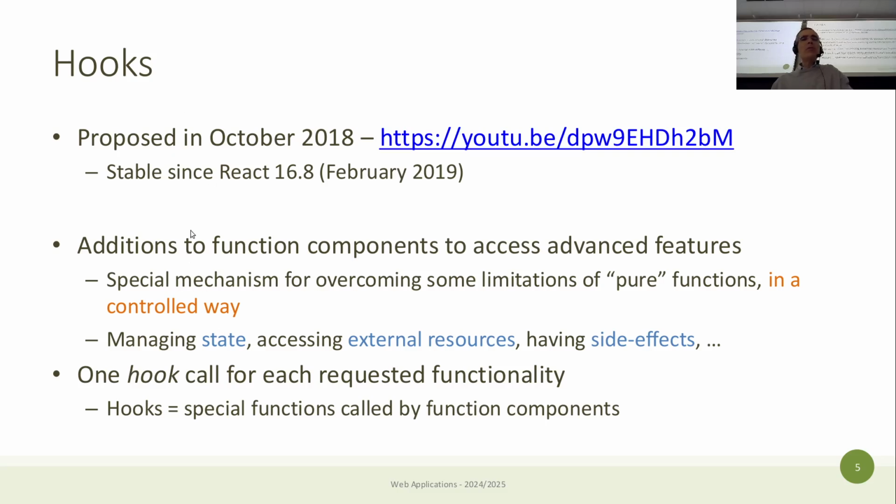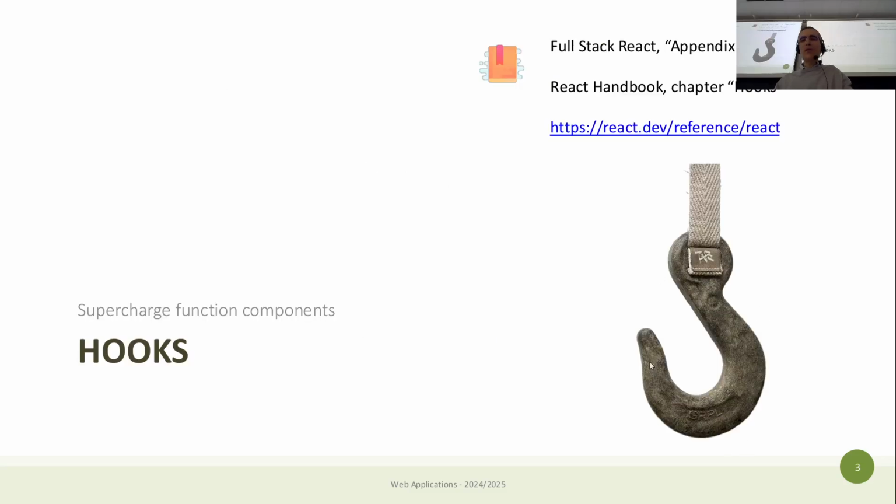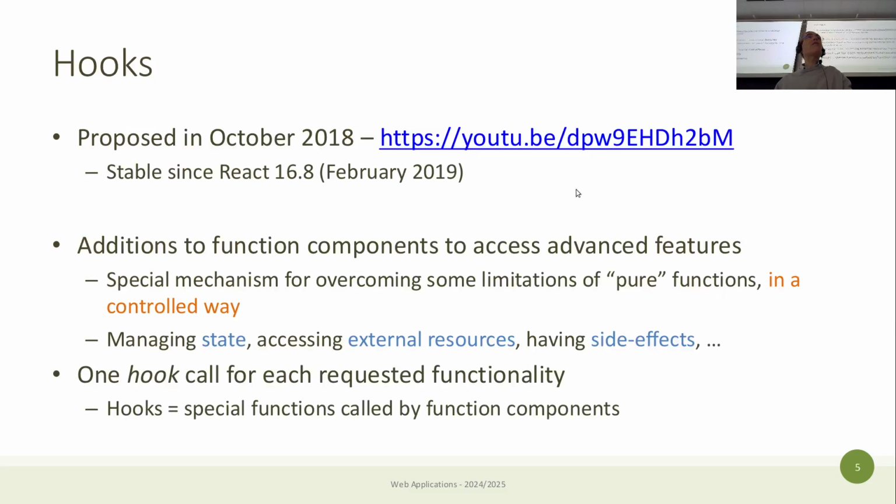In short, the mechanism relies on these hooks, and hook is, you saw this, that's the hook. Okay, so it's a way to attach something to our functions. Okay, some code to our function to define this behavior that cannot be inserted directly inside our function because they need to be pure functions. We cannot break this assumption of React.